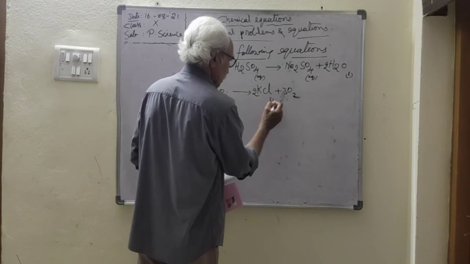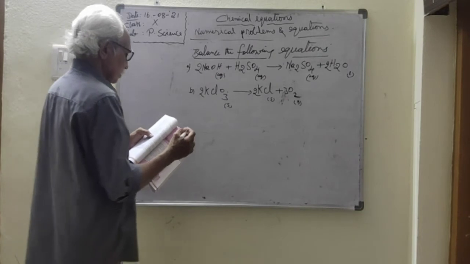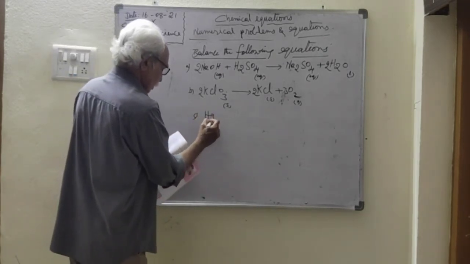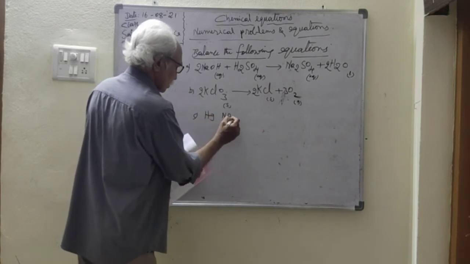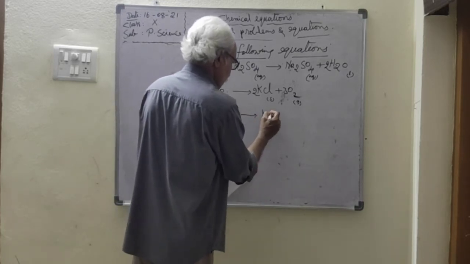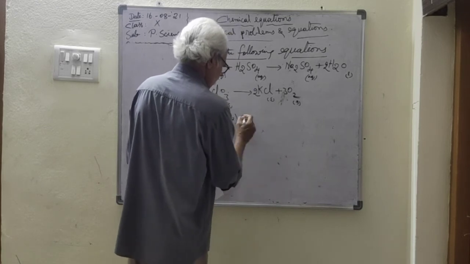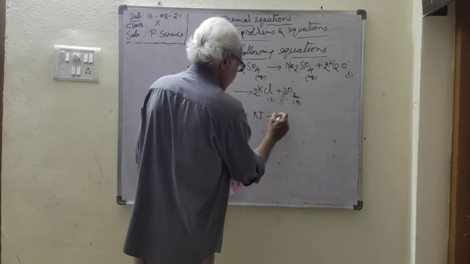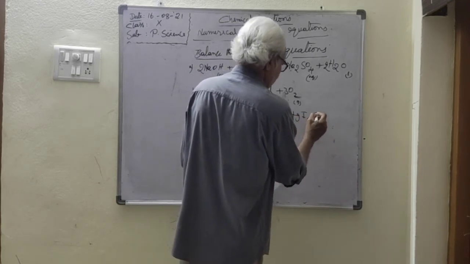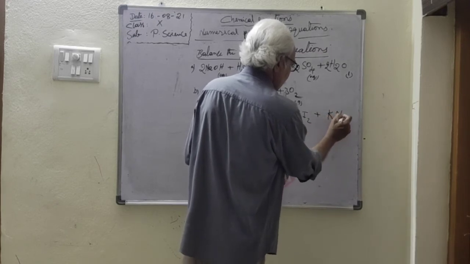Potassium chlorate, oxygen gas. Now next, mercury nitrate Hg(NO3)2 plus potassium iodide gives mercury iodide plus potassium nitrate, KNO3.